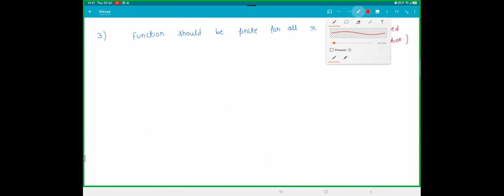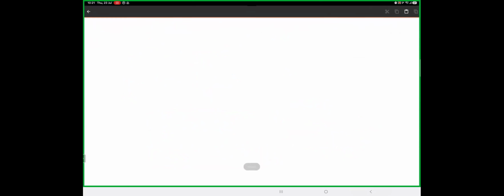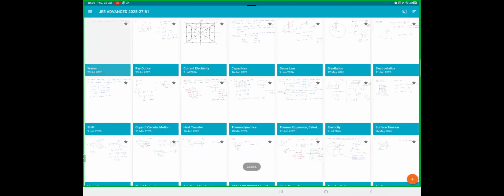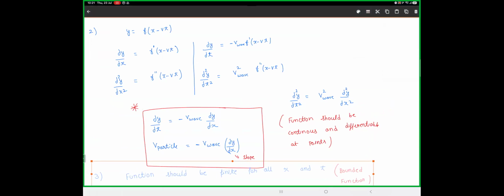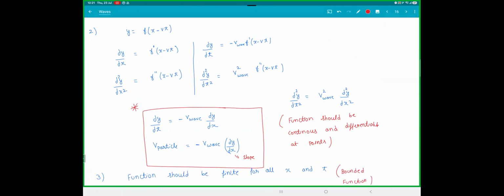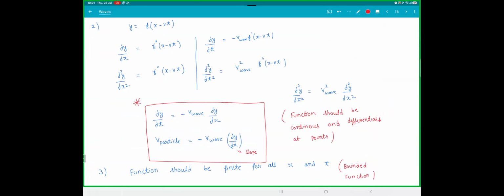Maybe I can just put everything together here. This is a good relation between wave speed and particle speed. Clear with this? Now, I'll give you a bunch of equations. You have to tell me which one is a wave and which one is not a wave.